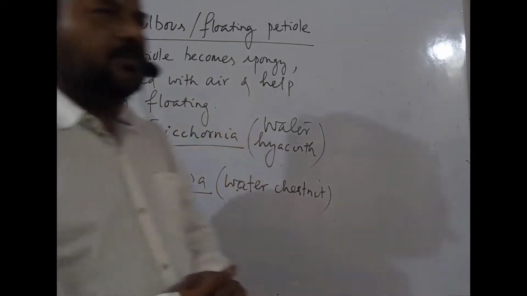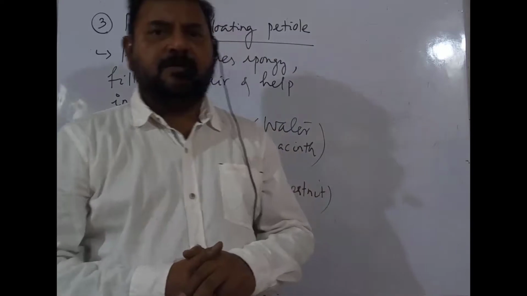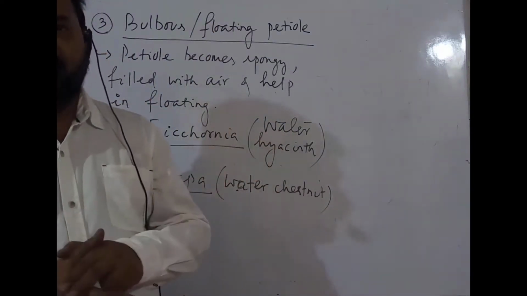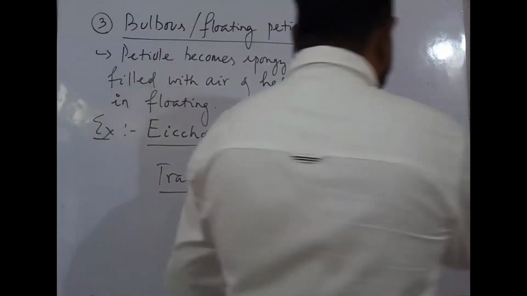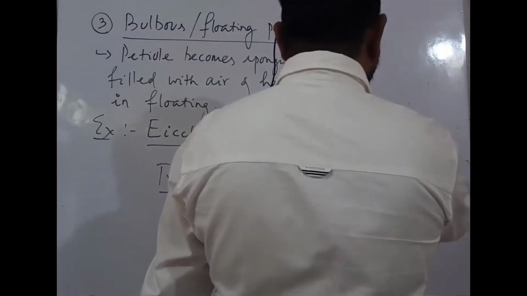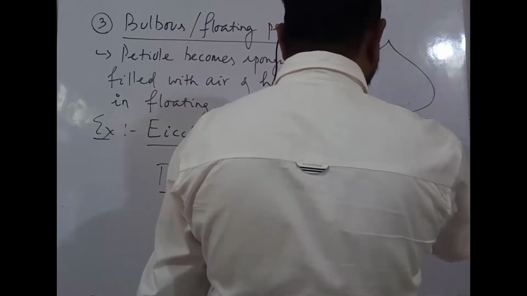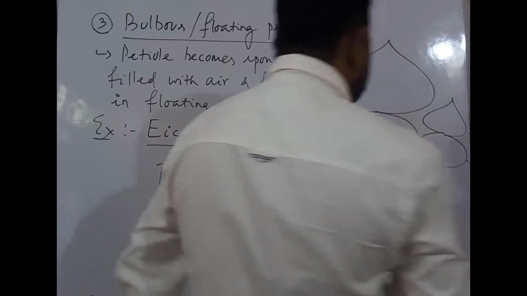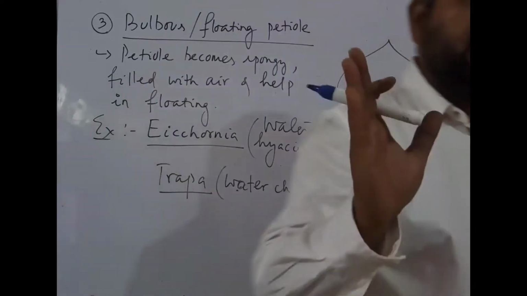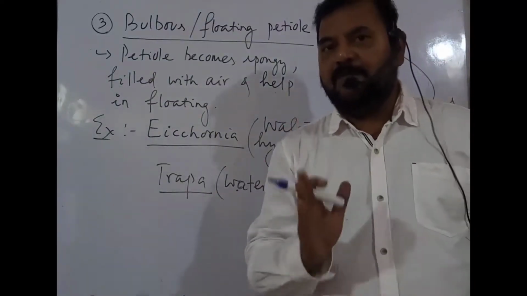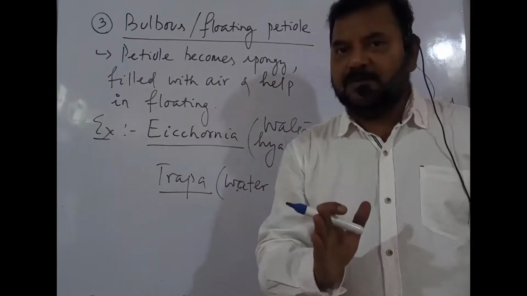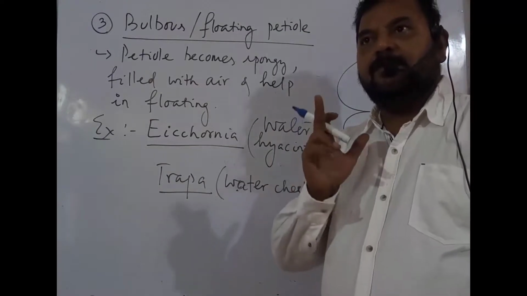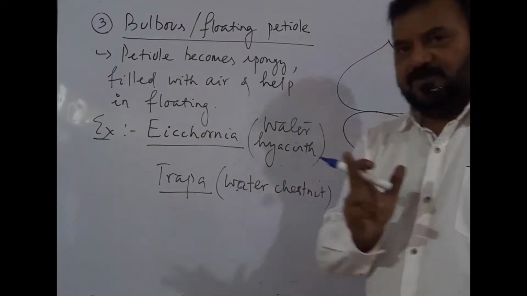So all of you might have seen the Eichhornia plant. Water hyacinth is an invasive weed, you know that. Its leaves are like this. This is the petiole. You might have studied in the stem modification, subaerial modification step. You must recall it. There is one heading, offset.